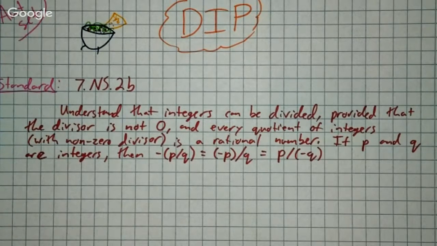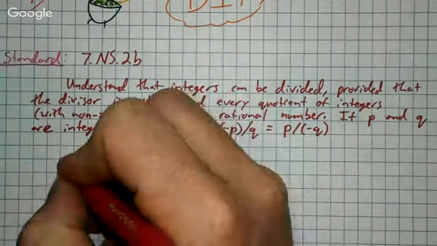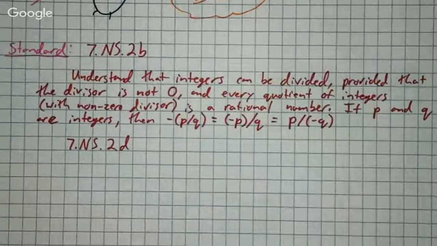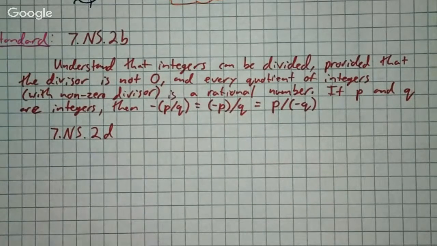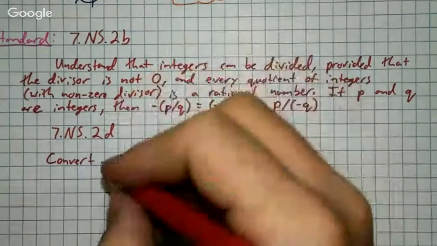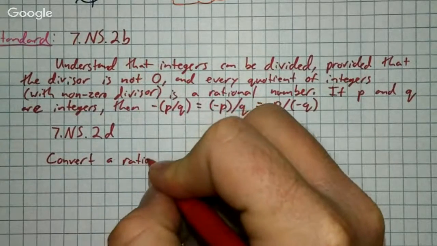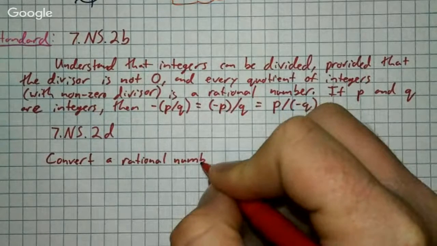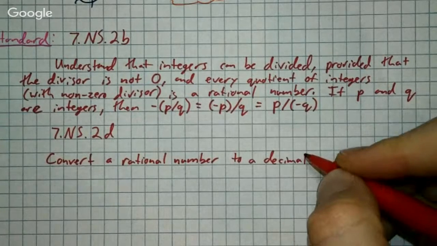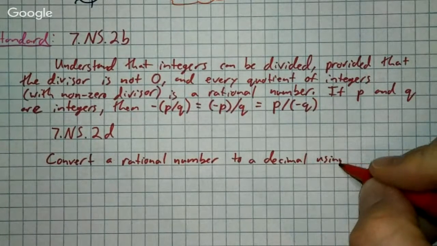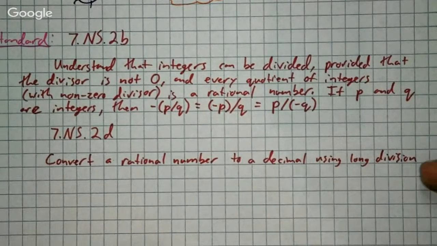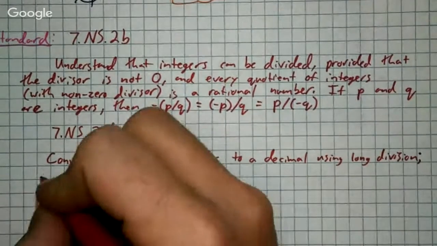All right, our second standard is 7.NS.2.d. So we have 2b and 2d. And this one says to convert a rational number to a decimal using long division. And then we can put a semicolon.